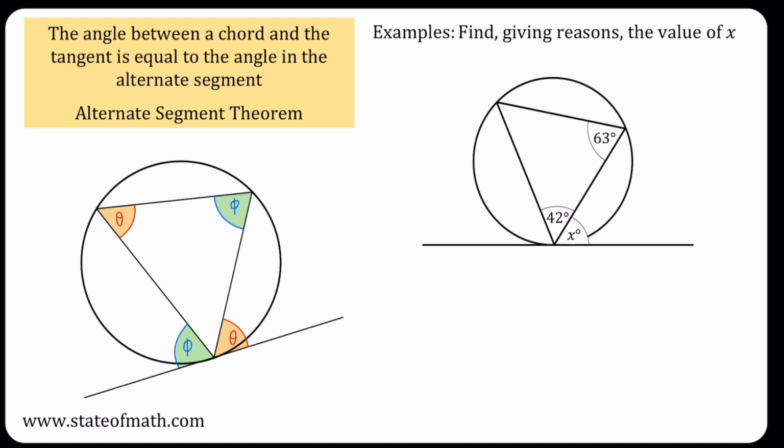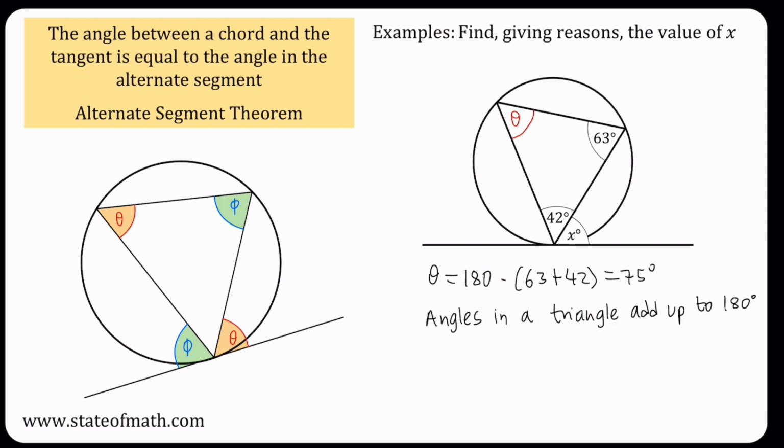So we start by labeling the angle here as theta, and we can say that theta is 180 minus 63 and 42. This gives an answer of 75 degrees. The reason is that we've got angles in a triangle, which we know add up to 180 degrees.